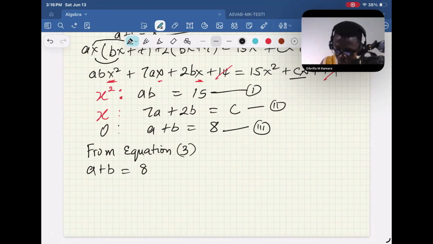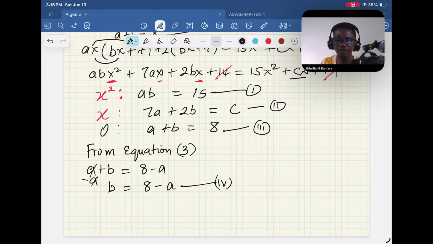So let's make b the subject, minus a here. This and this goes, so b = 8 - a. Say this is equation 4. Once we have equation 4, we can substitute equation 4 into equation 1.